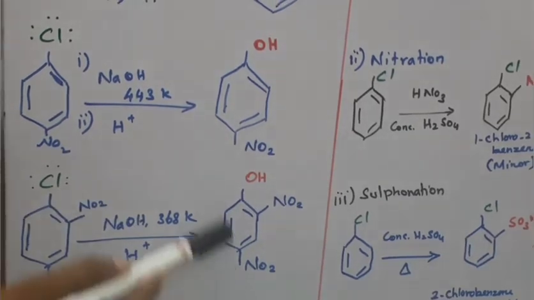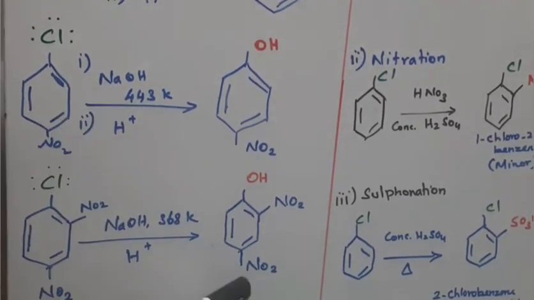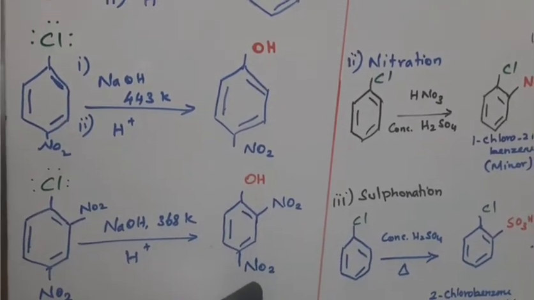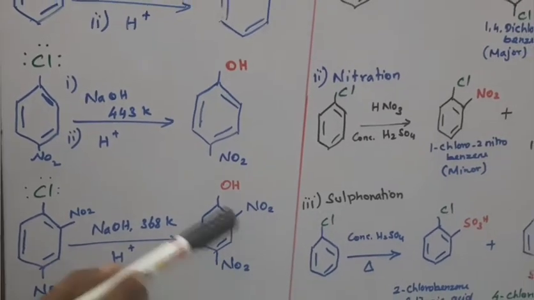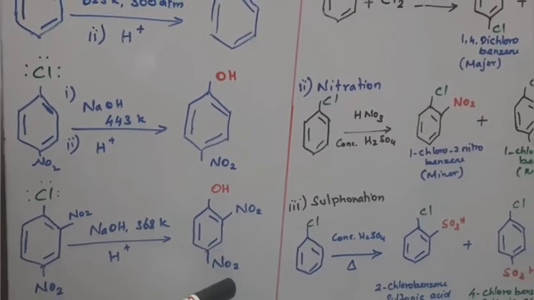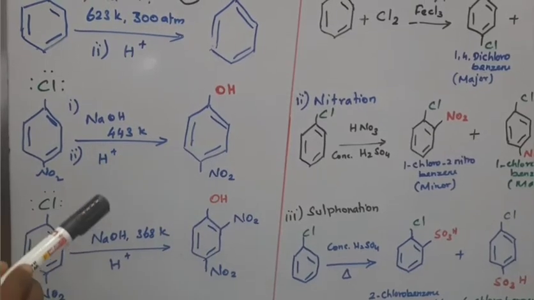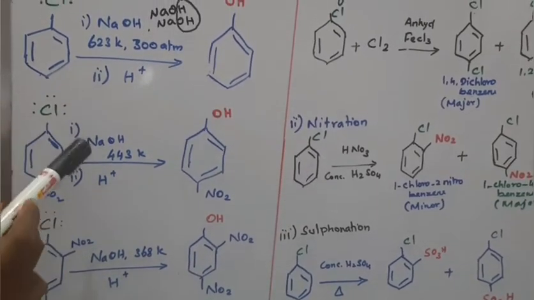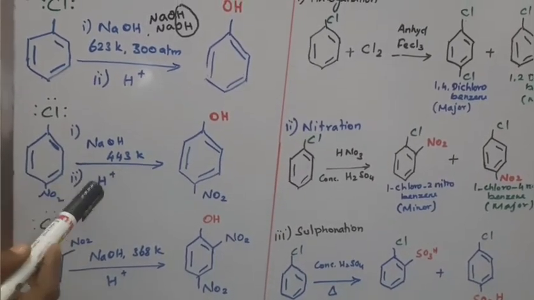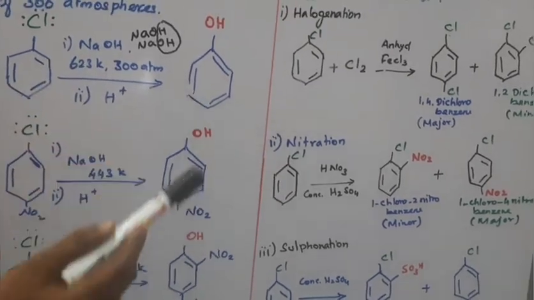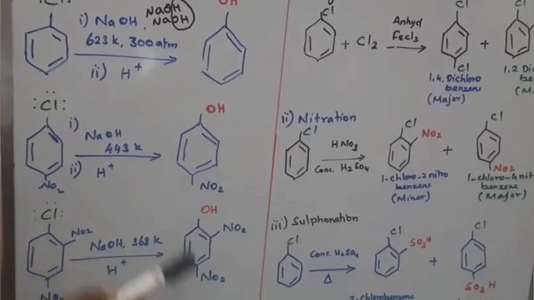So among these two, which one is the major product? The higher the number of electron withdrawing groups, the higher the reactivity of the haloarene. This is the major product. So this is just replacement by a hydroxyl group. We can get phenol and these two products.